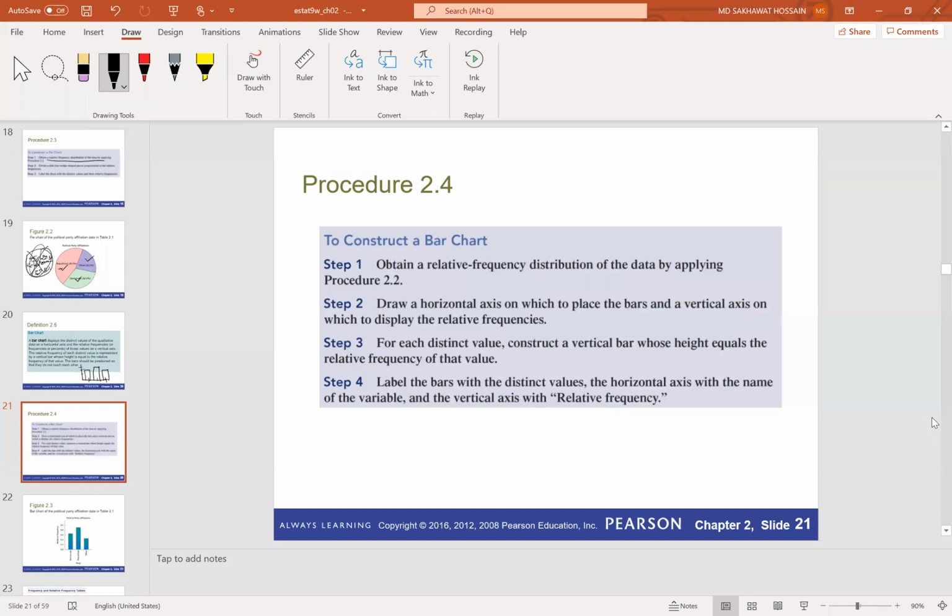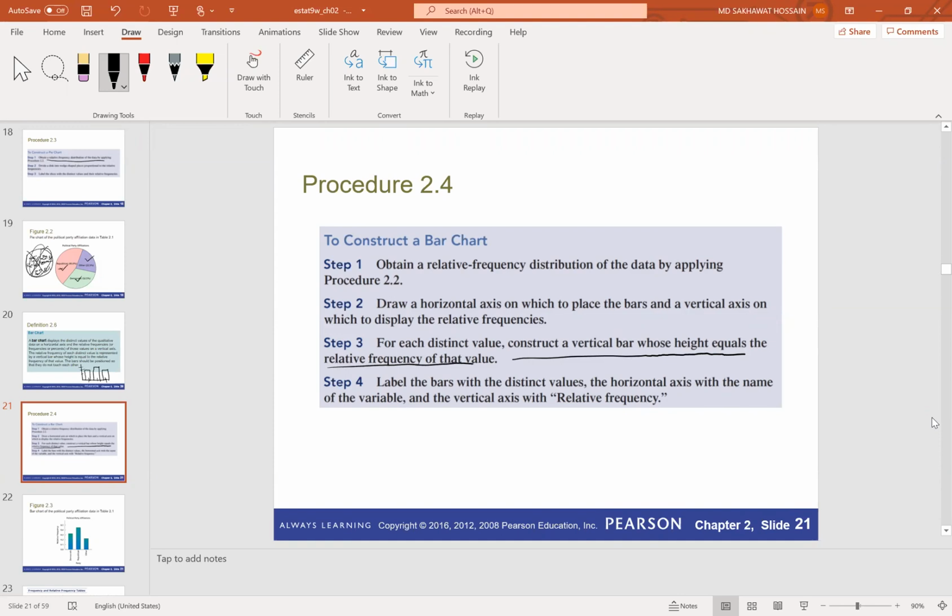Step 2, draw a horizontal axis, on which to place the bars, and a vertical axis, on which to display the relative frequency. Step 3, for each distinct value, construct a vertical bar whose height equals the relative frequency of that value.